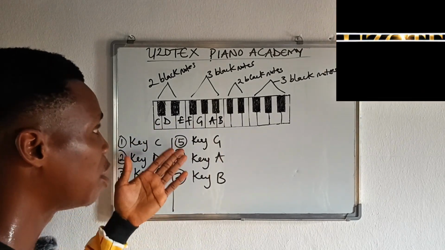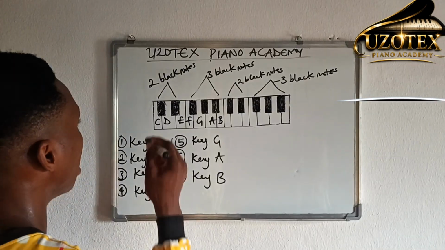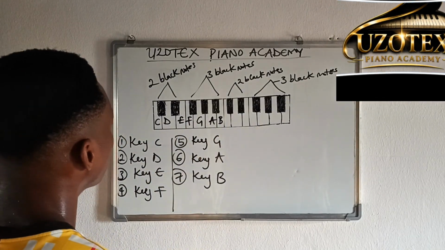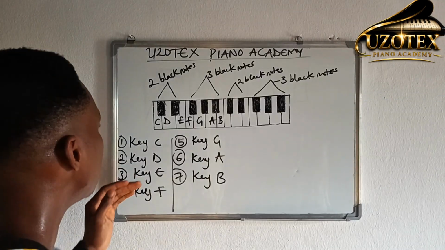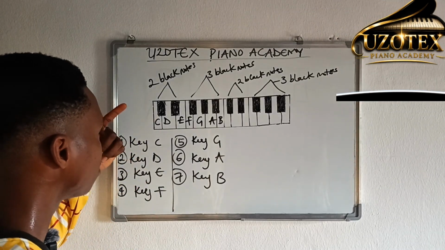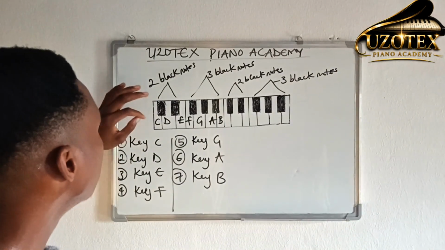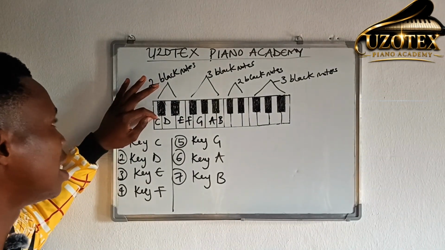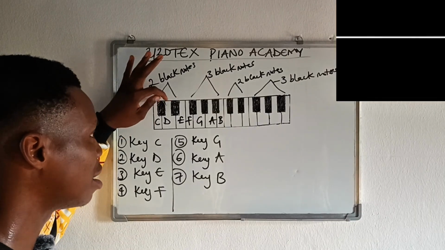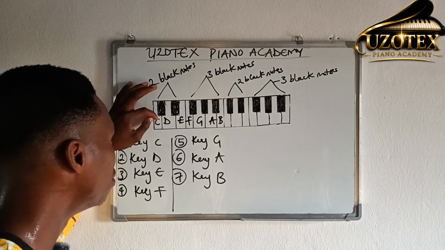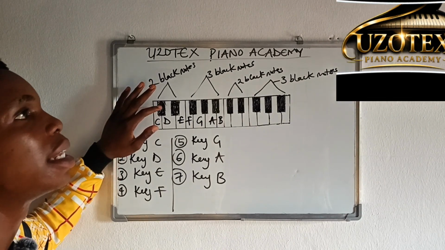Now let me say what I've already said again. Let me go back to the two black notes. Like I said, the key of C is the first white note found before the first note of the two black keys.